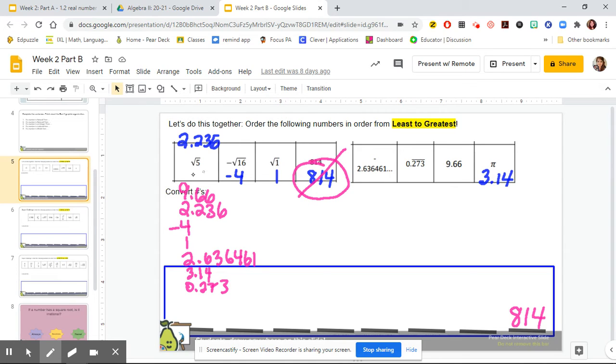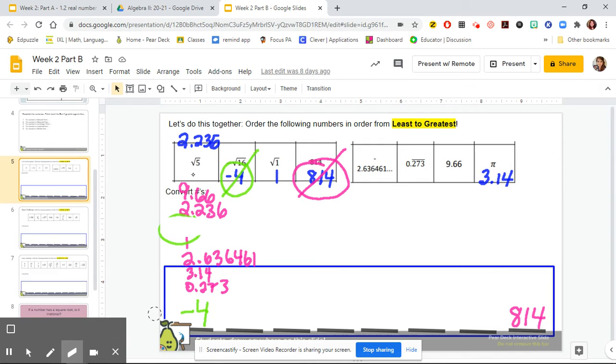I like to put them in order like this and look at the first number they all have. So if I look at this, there's only one number that's negative. So -4 is the only one that's negative, so that's going to be our smallest number automatically. So I can cross that one out. I erase it from here.